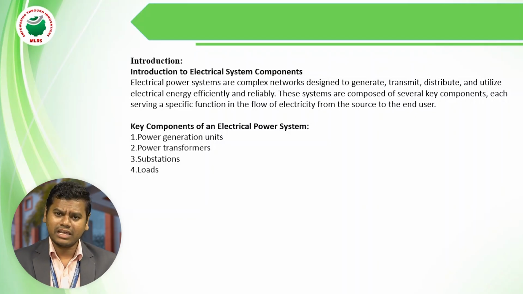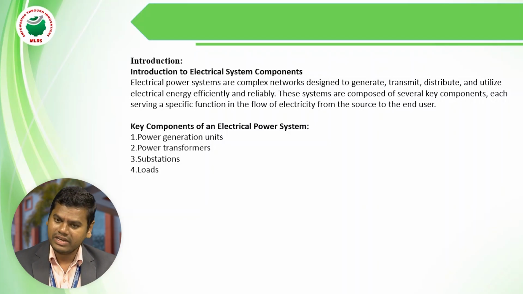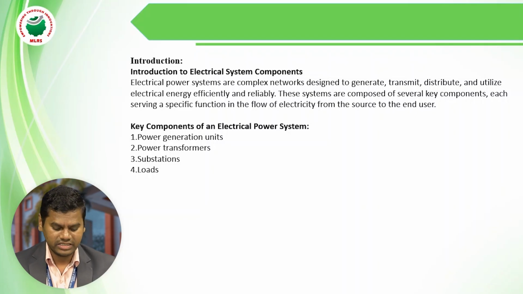This is the basic concept of the electrical power system. These systems are composed of several key components, each serving a specific function in the flow of electricity from the source to the user.